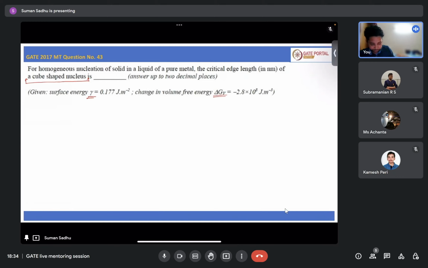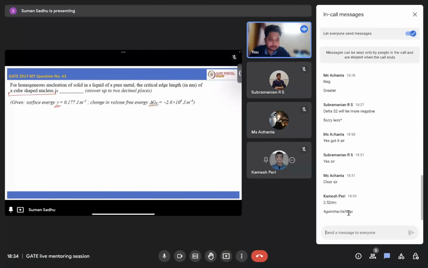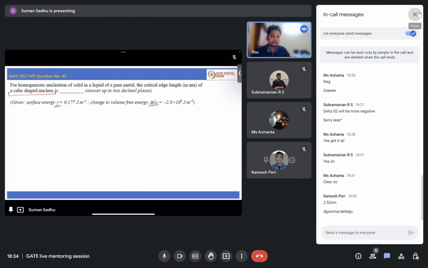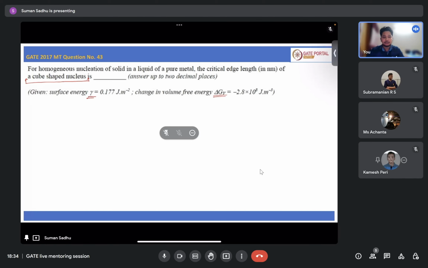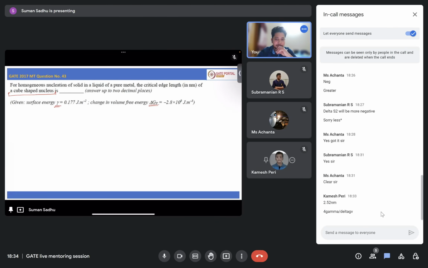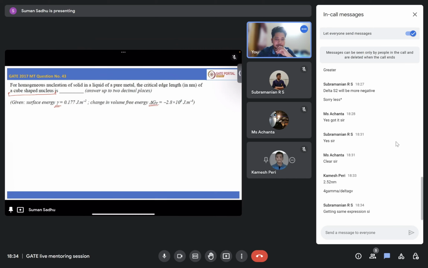It is mentioned 4 gamma by delta GV. Others are also getting the same equation or not? Have you people tried, or should I wait for some time and then I will start answering? Okay, you are also getting the same expression.